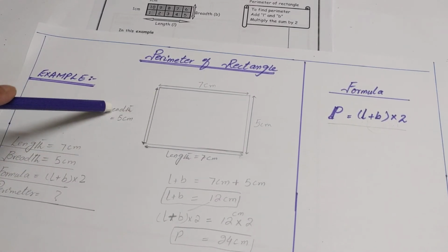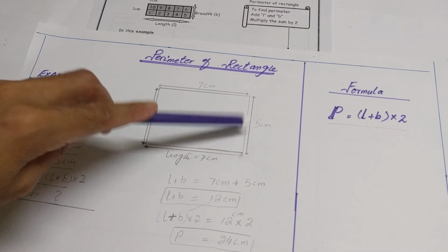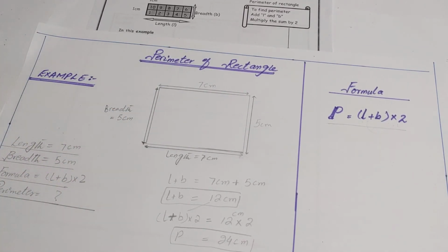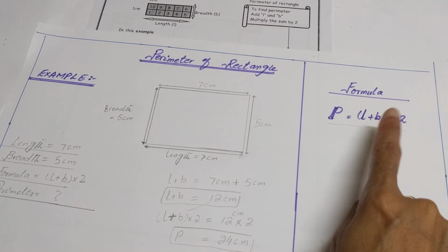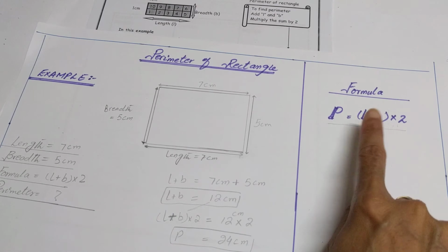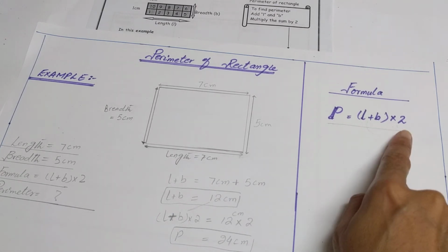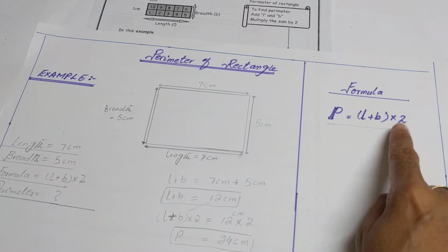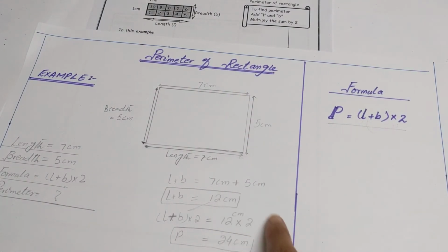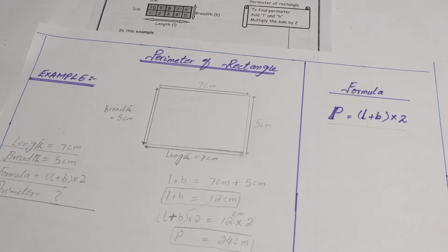If the breadth is 5, then the opposite will also be 5, because opposite sides of the rectangle are equal in length. So to calculate the perimeter of the rectangle, remember this formula: length plus breadth multiplied by 2. Firstly, find the sum of the length plus breadth, and then multiply this sum by 2. That will be your perimeter.